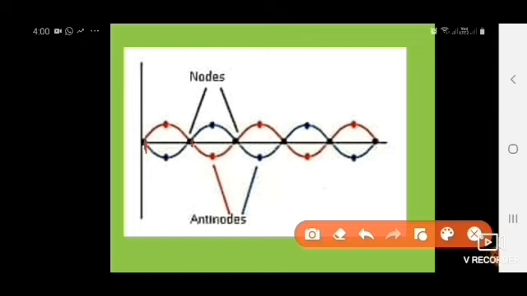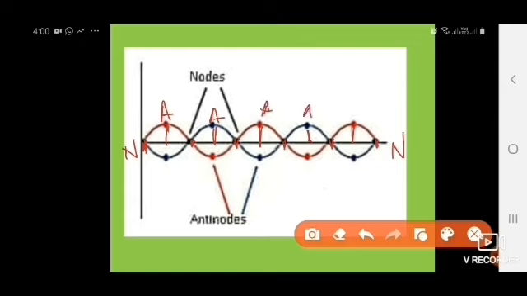These points show the nodes, means no displacement, where the amplitude is 0, and the points where the amplitude is maximum are called antinodes. In this figure all these points are the nodes, and the points where the amplitude is maximum are the antinodes. A node is denoted by N and an antinode is denoted by A.